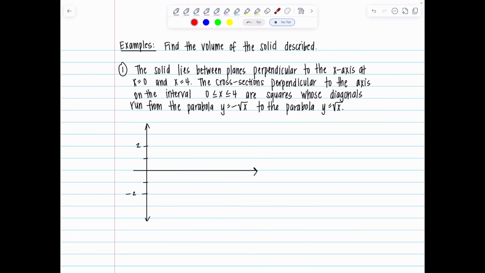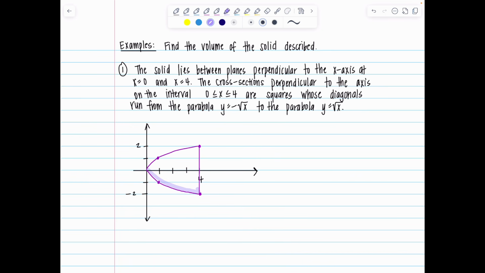X is between 0 and 4. 1, 2, 3, 4. Okay. So y equals root x would go through (1, 1) and (4, 2), and then y equals negative root x would go through (1, -1) and (4, -2). This is the base of the solid. Okay, let's shade it in.